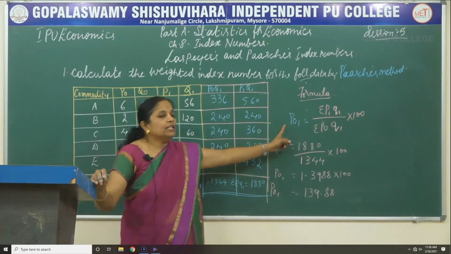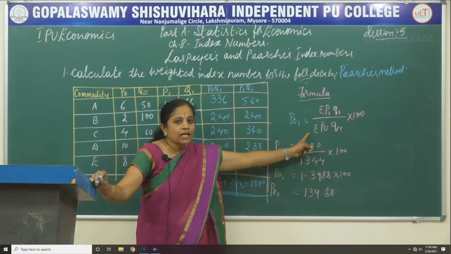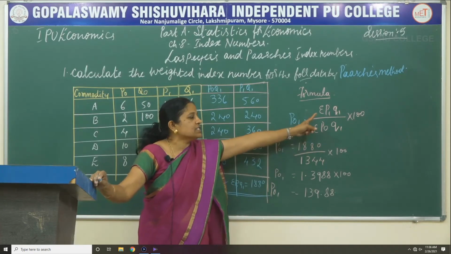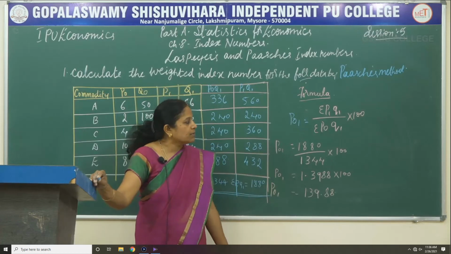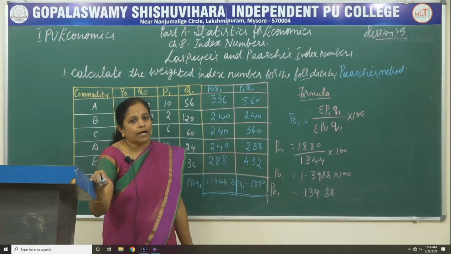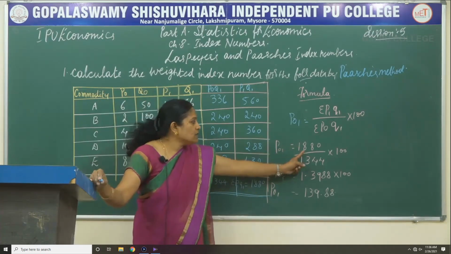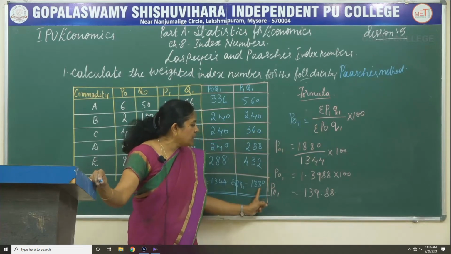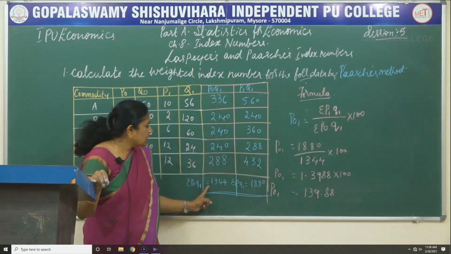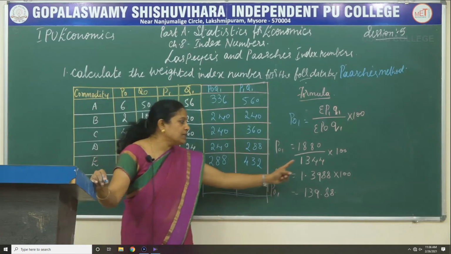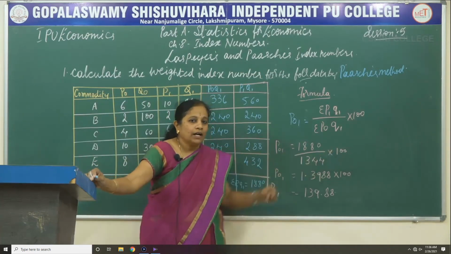So now with this formula we will go for the Paasche method, that is P01 equals sigma P1 Q1 divided by sigma P0 Q1 multiplied by 100. So 1880 is the sigma P1 Q1 divided by 1344, that is the sigma P0 Q1, multiplied by 100.